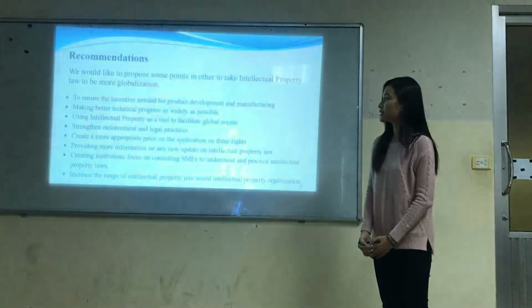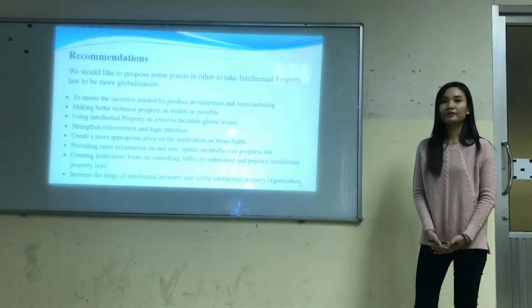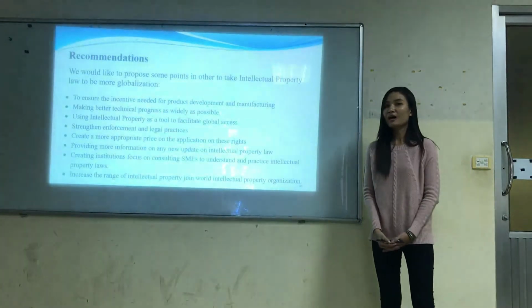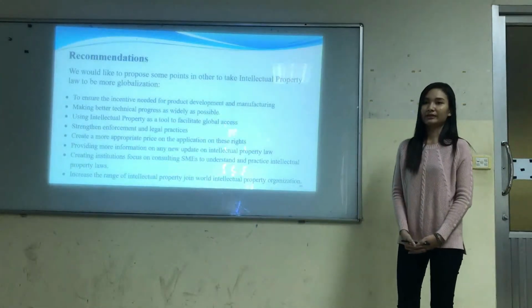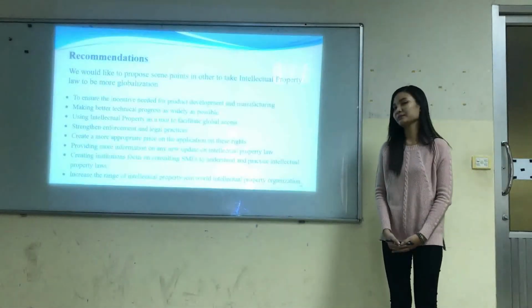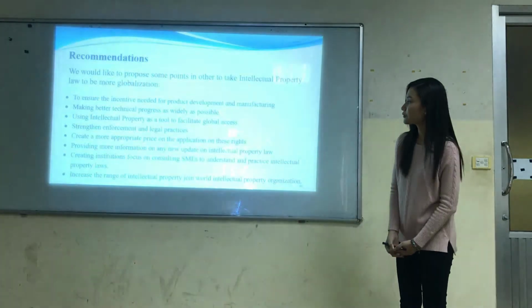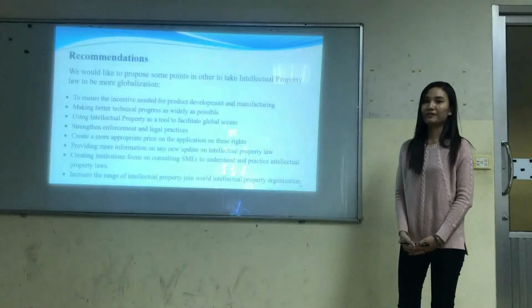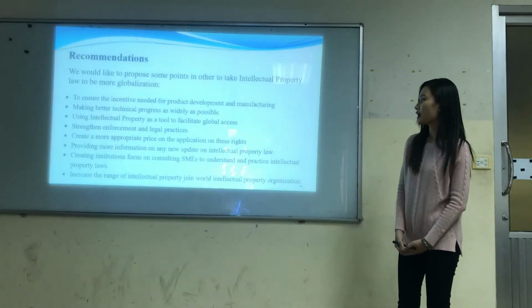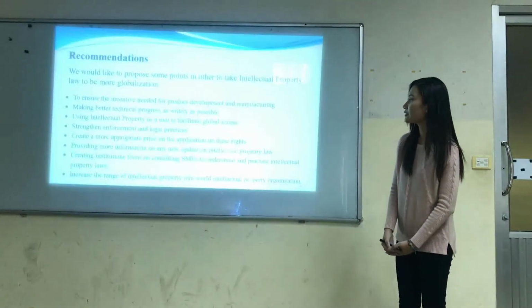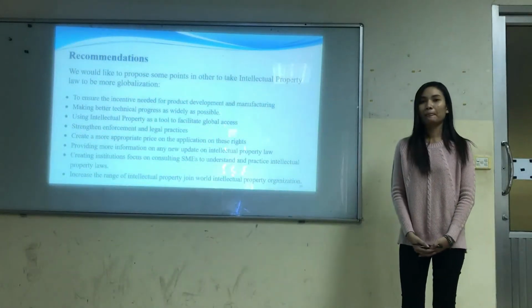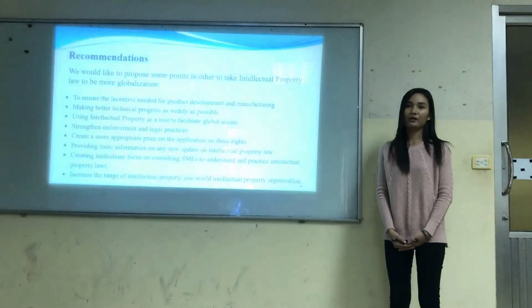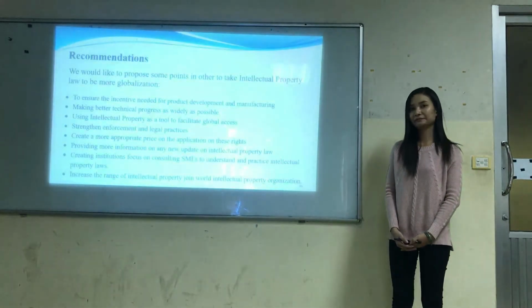The first is to ensure the incentive needed for product development and manufacturing. Second, it can make technical progress as widely as possible. The third is using intellectual property as a tool to facilitate global success. The fourth is to strengthen enforcement and legal practice. The fifth is to create more appropriate application of this rank.